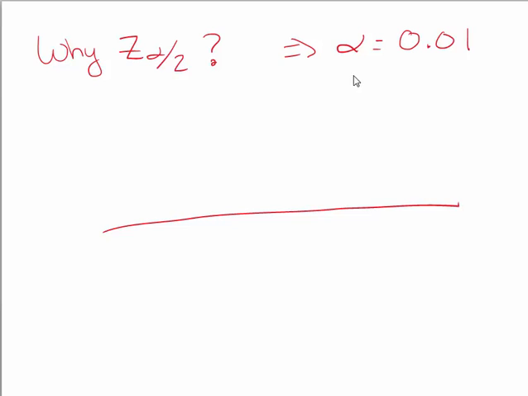So why z alpha over 2? You recall that our alpha is equal to, in our case, say 0.01. And what we need to do is represent that alpha, which again is just a probability, on both sides of our probability distribution.